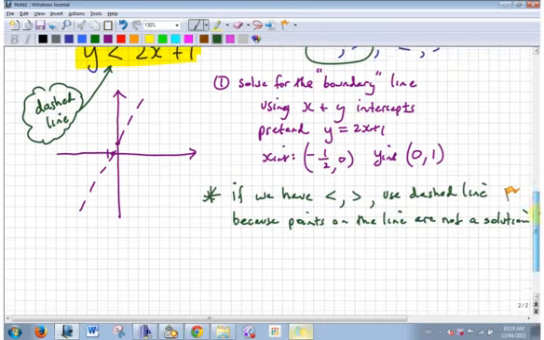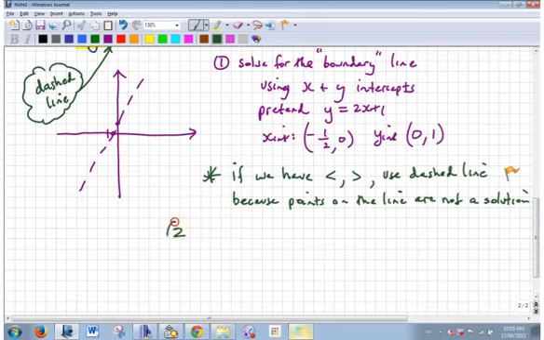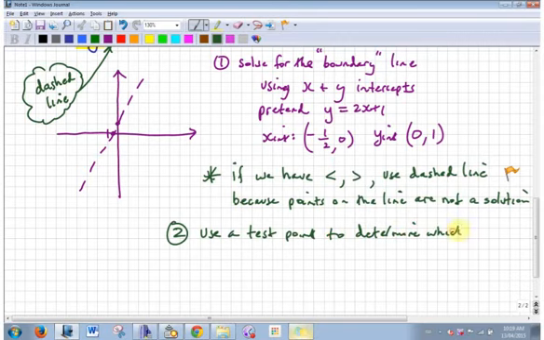And what I need to do is, step 2, use a test point to determine which side to shade.